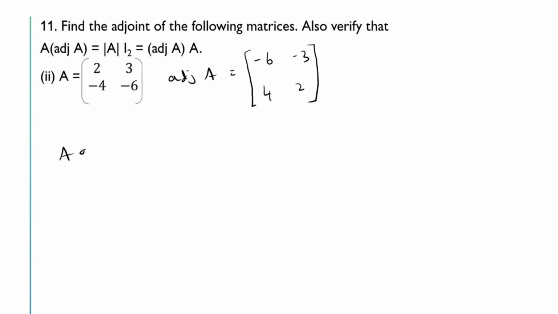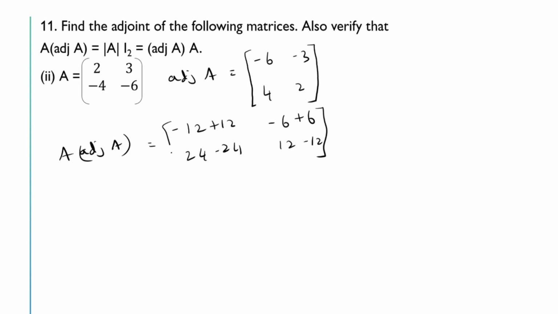So, A into adjoint of A is equal to minus 12 plus 12, minus 6 plus 6, 24 minus 24, and 12 minus 12. So this is equal to 0, 0, 0, 0.